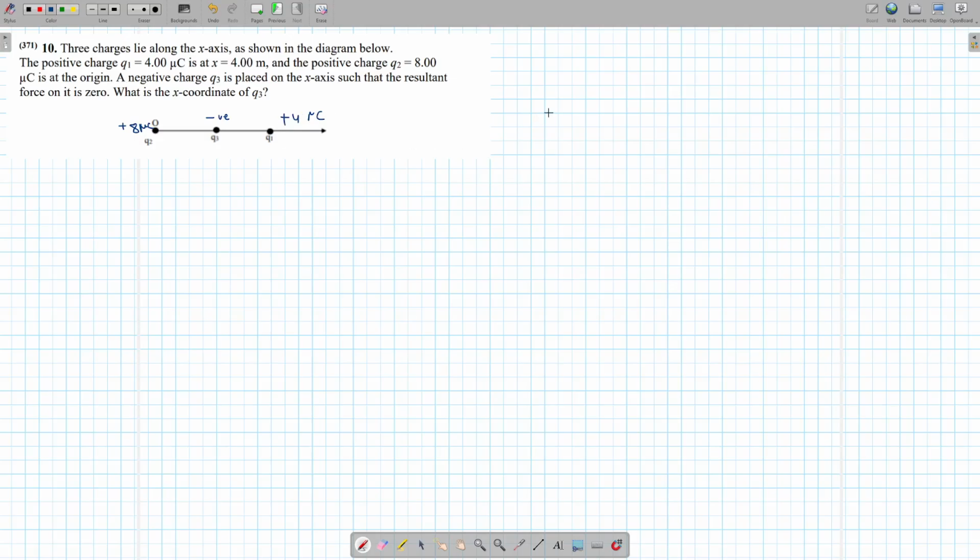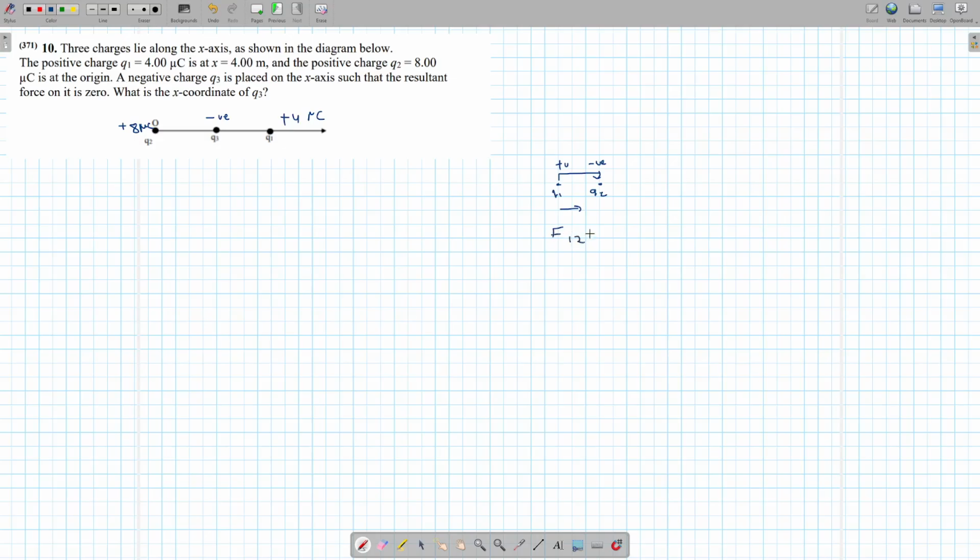So the first thing you need to understand is in any point system, if you have two charges, say Q1 and Q2, there will always be a force that Q1 exerts on the other charge Q2. If one is positive and the other negative, it will be an attractive force.